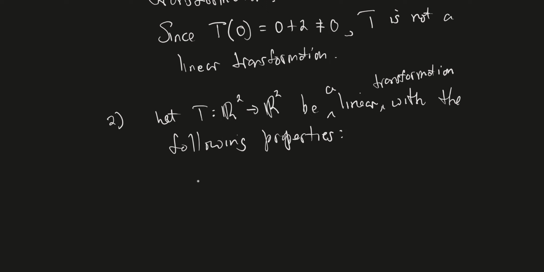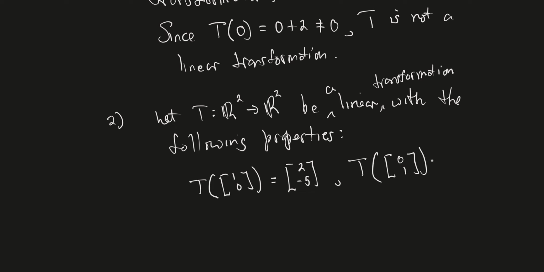Let's say that T of (1, 0) is (2, -5). So the transformation takes the vector (1, 0) and produces the image (2, -5), and it takes the vector (0, 1) and produces the image, let's say, (3, 8).